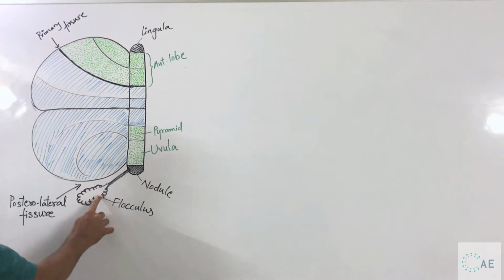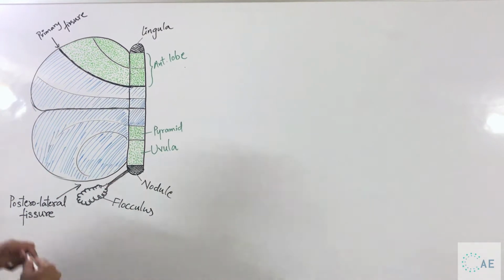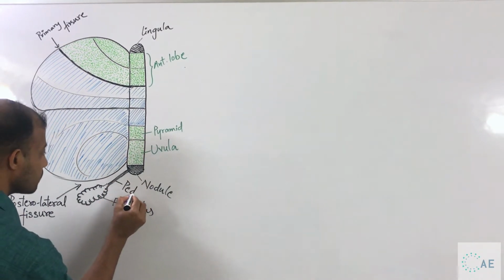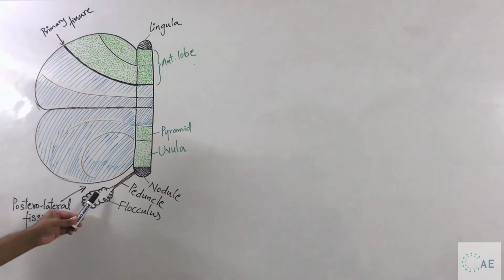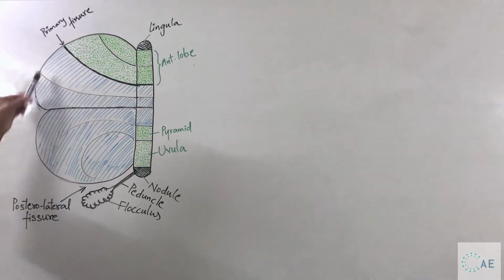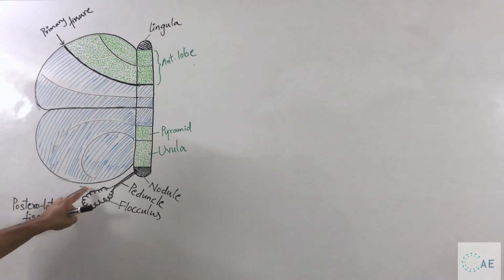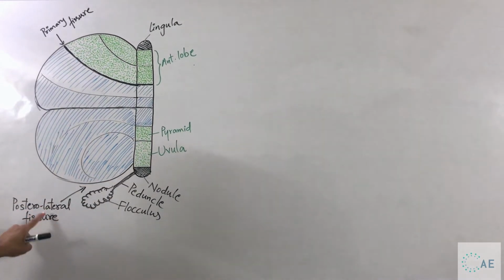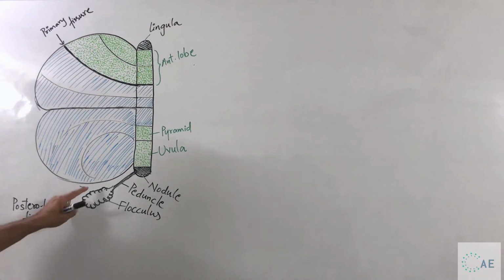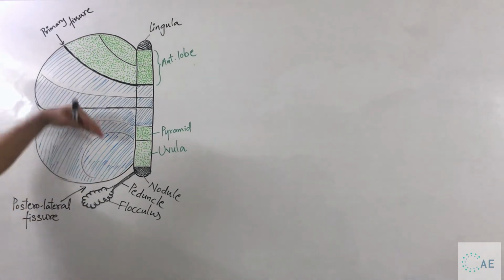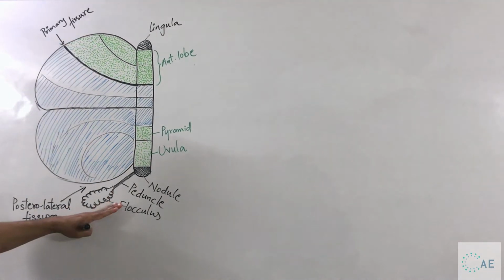So the flocculus is connected to the nodule by means of a peduncle. This flocculonodular lobe is separated from the rest of the cerebellum, what we call the corpus cerebelli, by a fissure called the posterolateral fissure. So the posterolateral fissure separates the corpus cerebelli from the flocculonodular lobe.